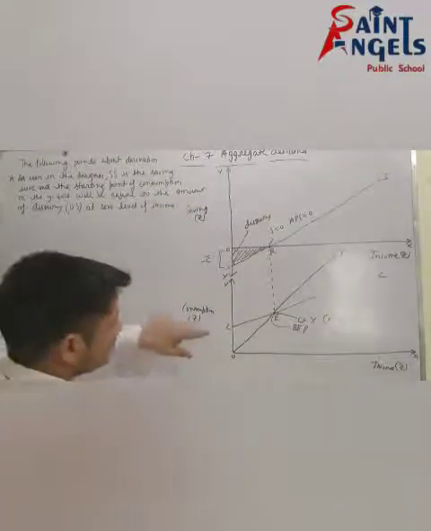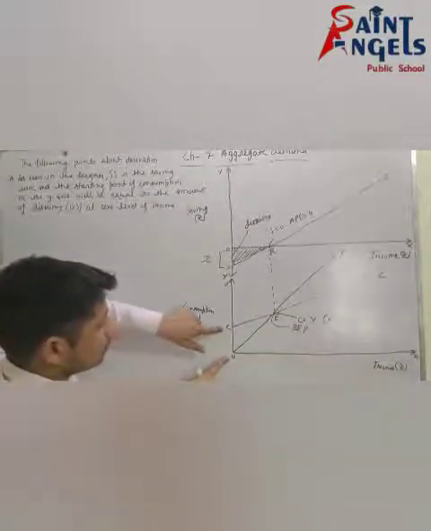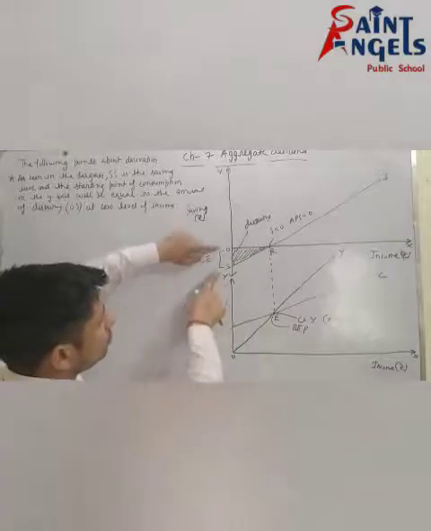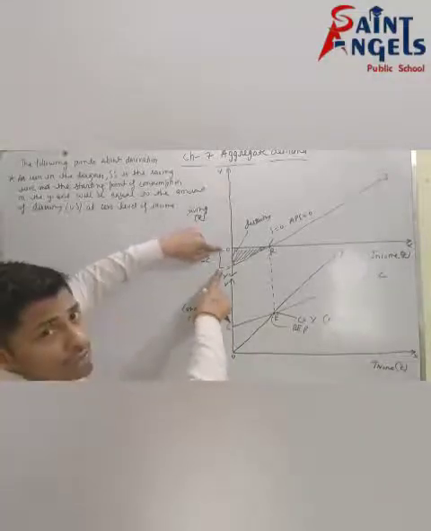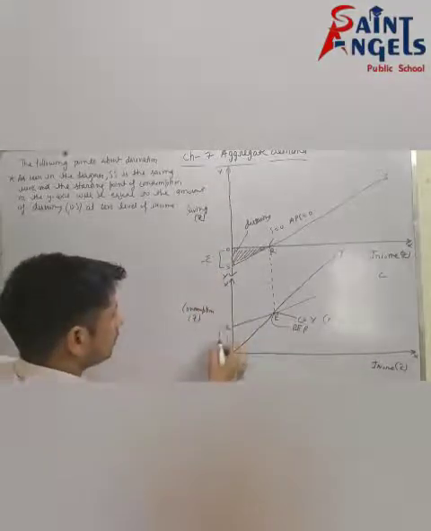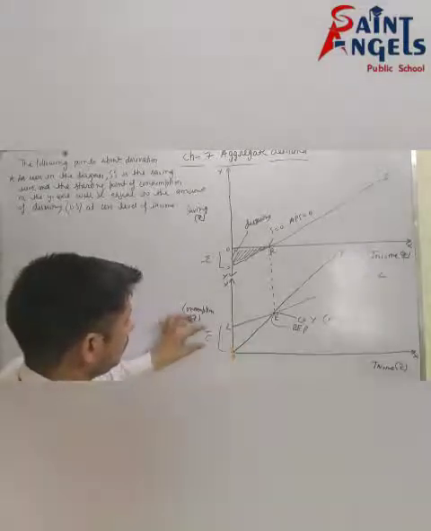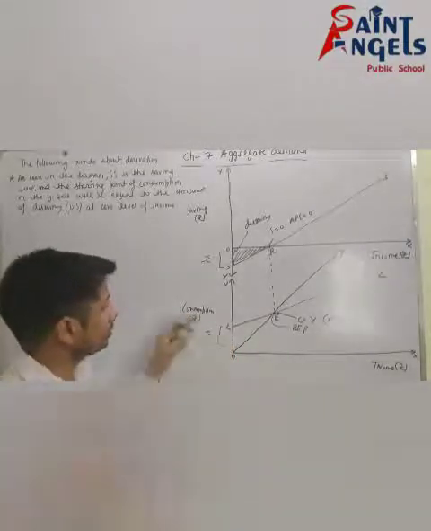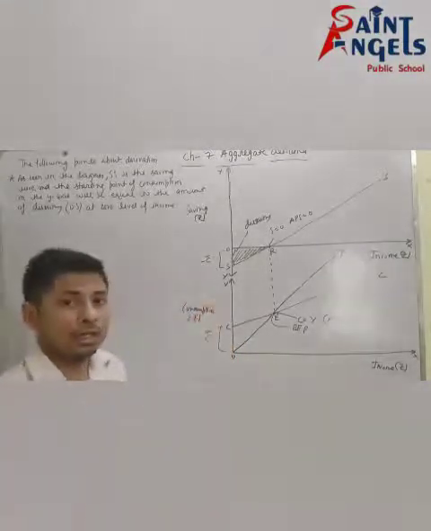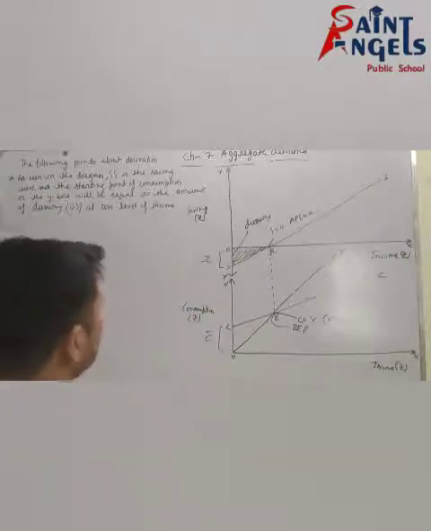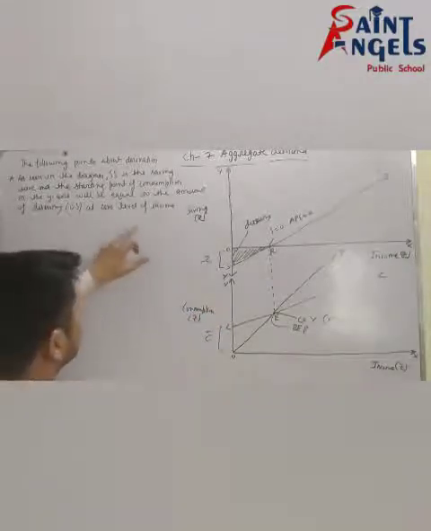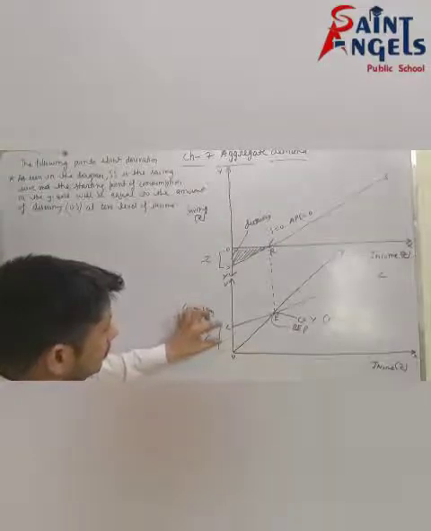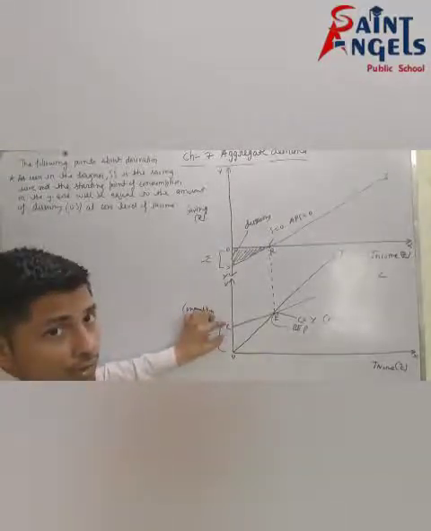Because you know that this positive consumption at zero level of income is equal to this negative saving at zero level of income. C bar represents autonomous consumption and minus C bar represents dissaving. I hope all of you have understood the derivation of the first point.